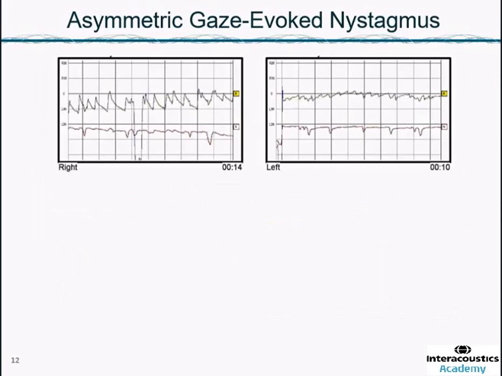A counterexample to that is this patient has right beating nystagmus in the right gaze, left beating nystagmus in the left gaze, but they're not quite the same intensity. It seems to be much more intense in the right gaze compared to the left gaze. This is an interesting nystagmus. It's called Bruns nystagmus.